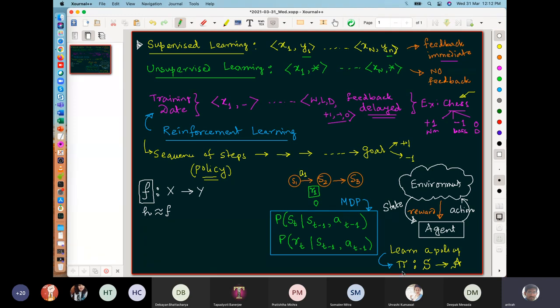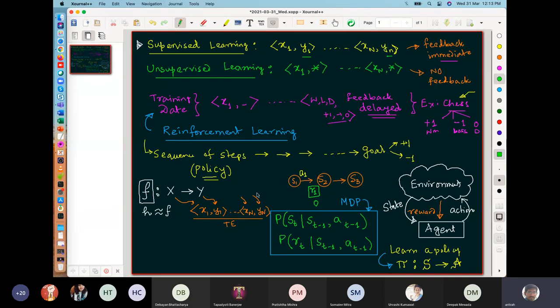Here also, in the reinforcement learning setup, we are trying to learn a function pi as well. However, the difference with supervised learning is that you are given the training examples x1, y1 up to xn, yn, which means for a specific input you are given the correct output, and for the other input you are given the correct output, and so on. This is your training examples.